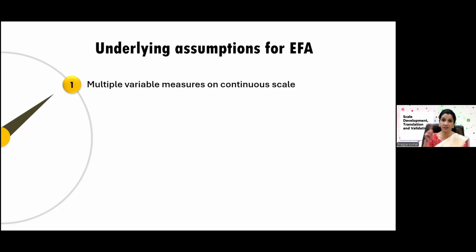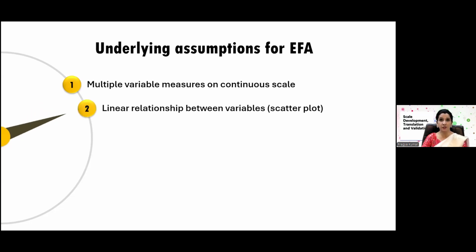Remember, we discussed the types of responses: binary scale, Likert scale, semantic differential, rating scales. For a Likert scale or rating scale, wherever the responses are 5 or more, we consider it a continuous variable, so we'll treat it as a continuous scale.